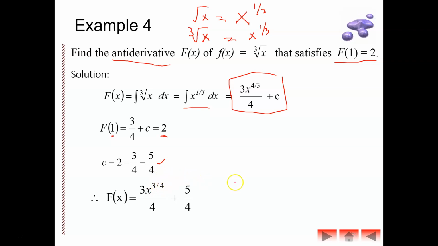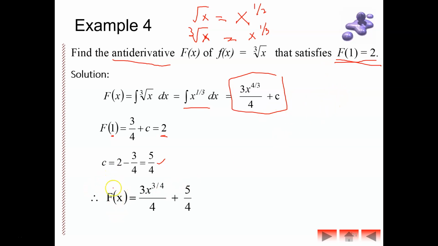Previously we only had C plus C plus C plus C. We don't know the value of C. So now for this question, you have the chance to obtain the C value because there is a condition given over here. So you can find the C. If there is no condition given, then you don't have to find the C. Just write it down normally as C.